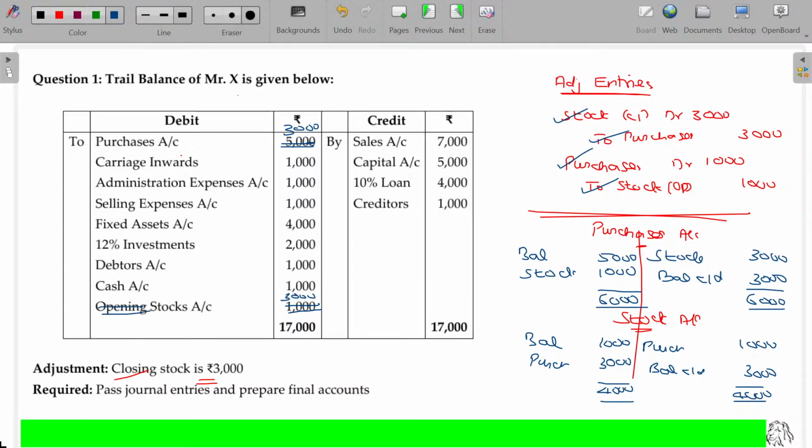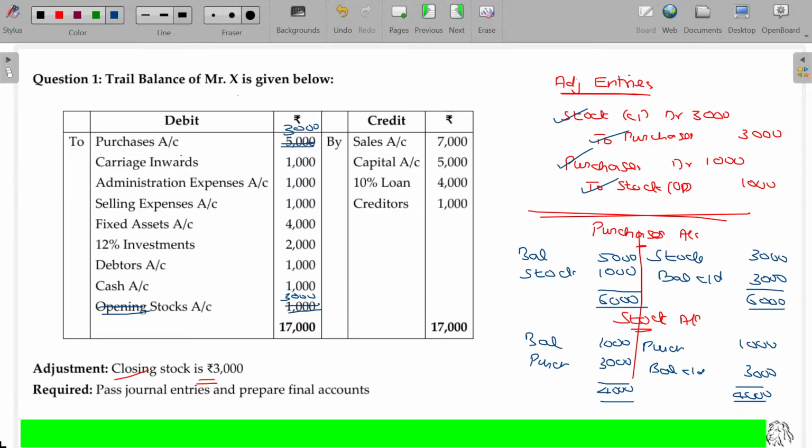Usually we need not say whether this is the opening stock or closing stock, simply stock. If there is no adjustment related to the closing stock below the trial balance, what is the stock given in the trial balance itself? Usually closing stock. Then it will directly go to the balance sheet asset side only. Cross verify whether the trial balance has opening stock or closing stock.